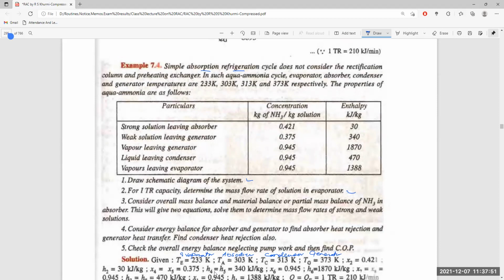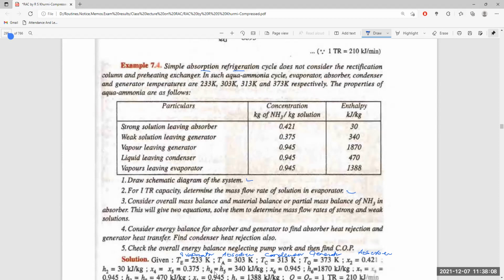X2 is the concentration of ammonia, 0.21, in the solution in the absorber. H2 is the enthalpy.